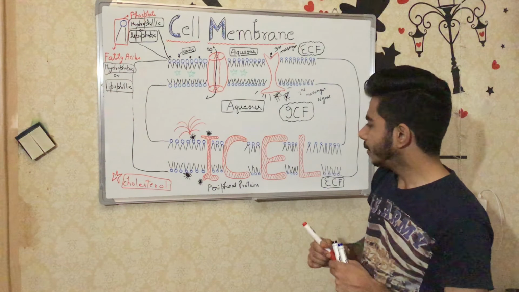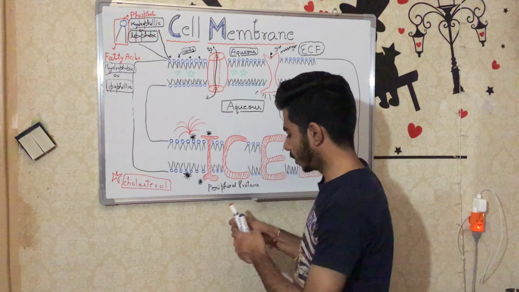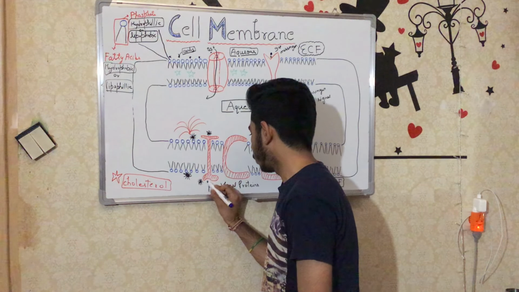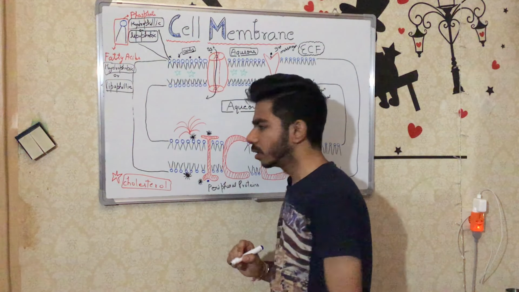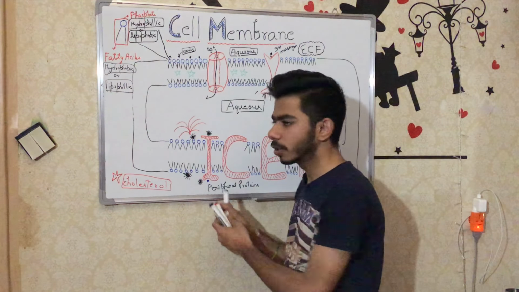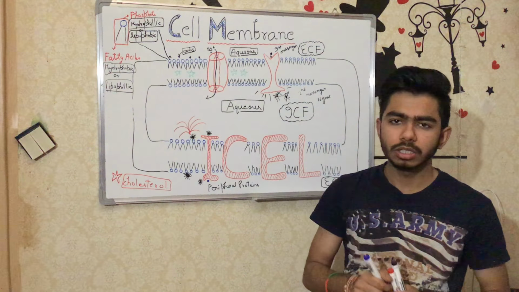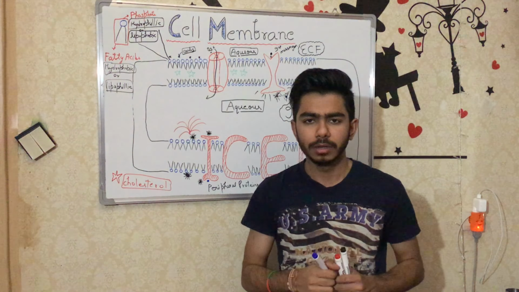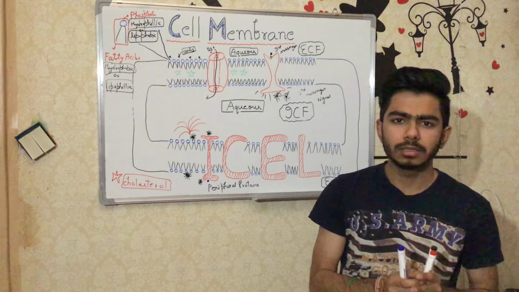If any signal comes, any kind of hormone or any kind of protein binds over here, for example, insulin binds to it. Insulin cannot cross the membrane easily on its own, but it needs some passage.